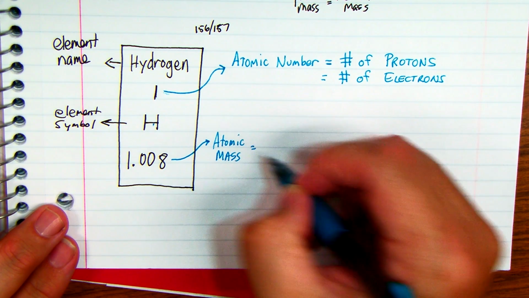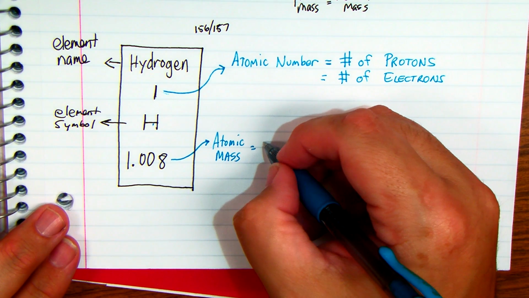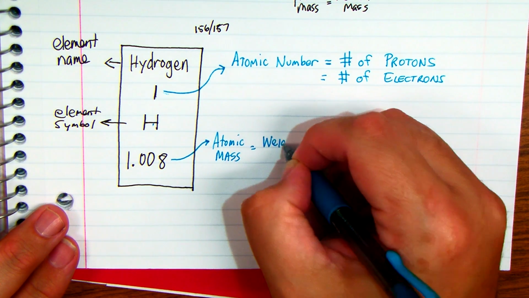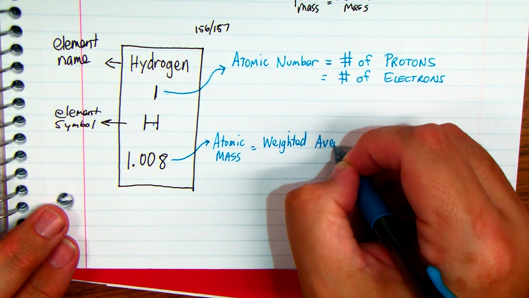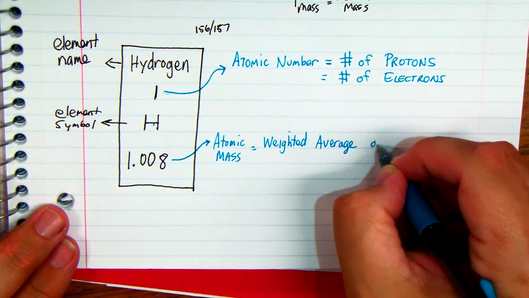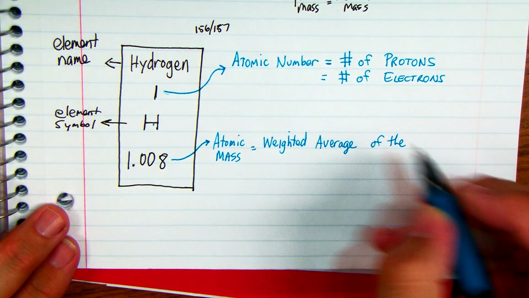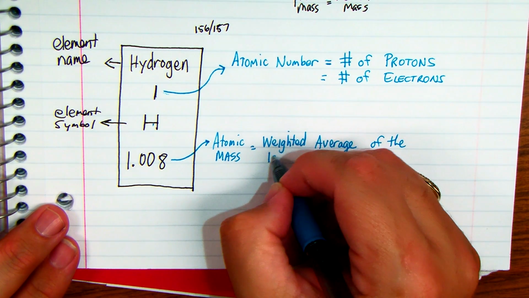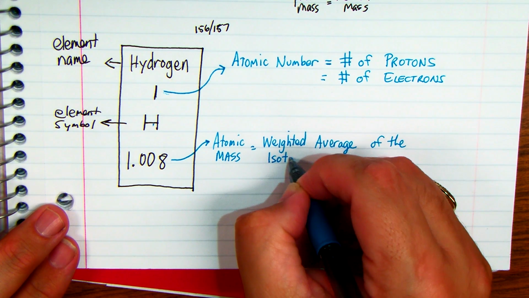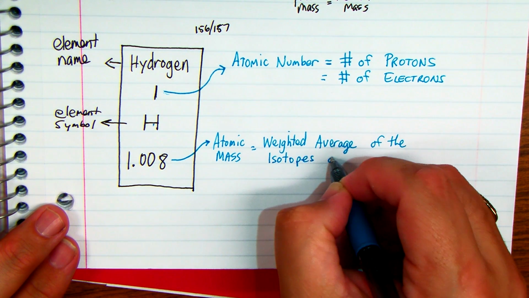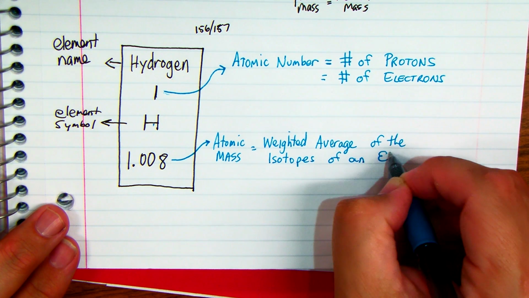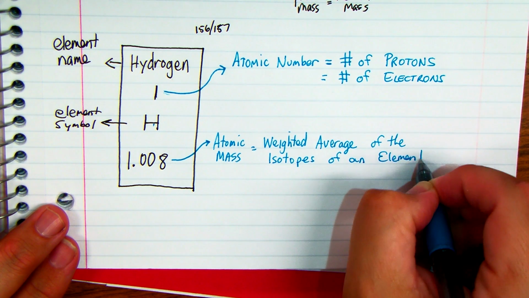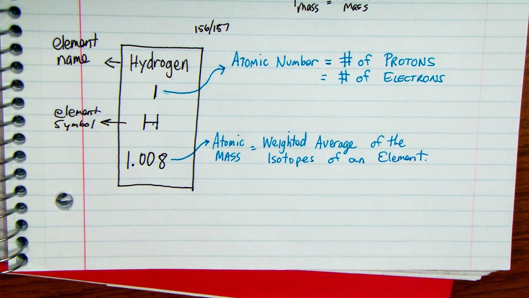And this is actually the weighted average of the isotopes of an element. This is an average value.